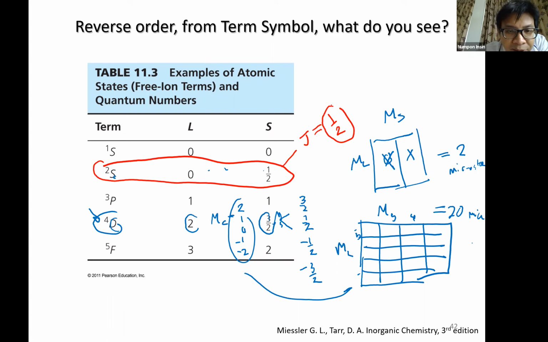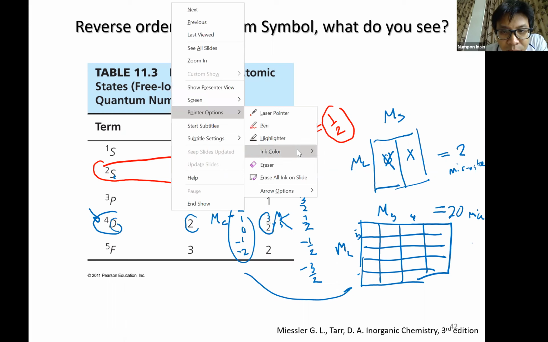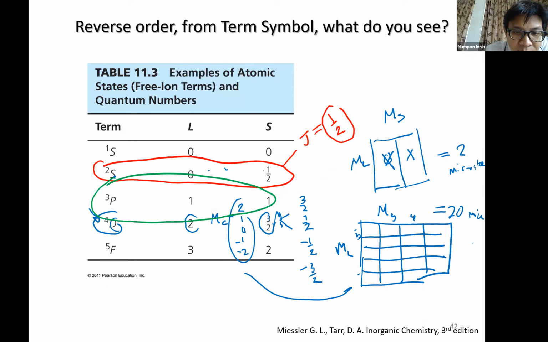Okay, but if you are in this term, L plus S for the triplet P, the J value ranges from 1 plus 1, which is 2, and then absolute L minus S equals 0.